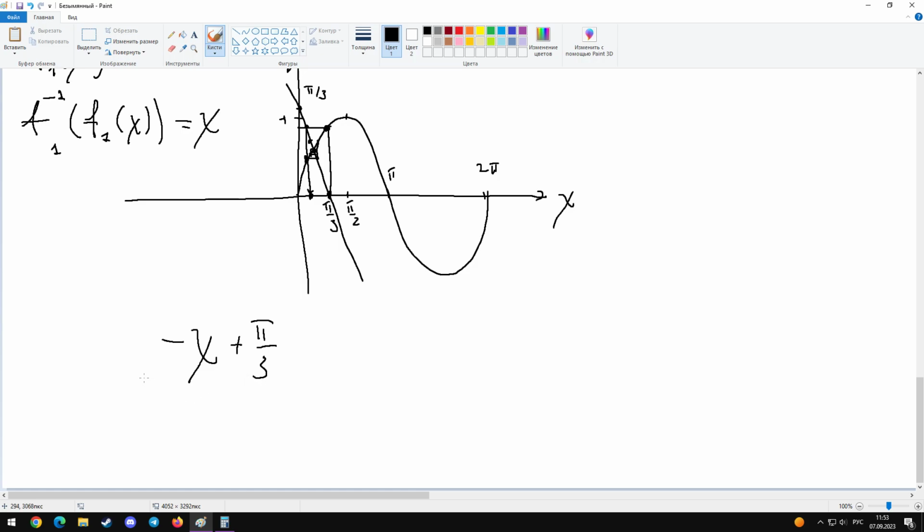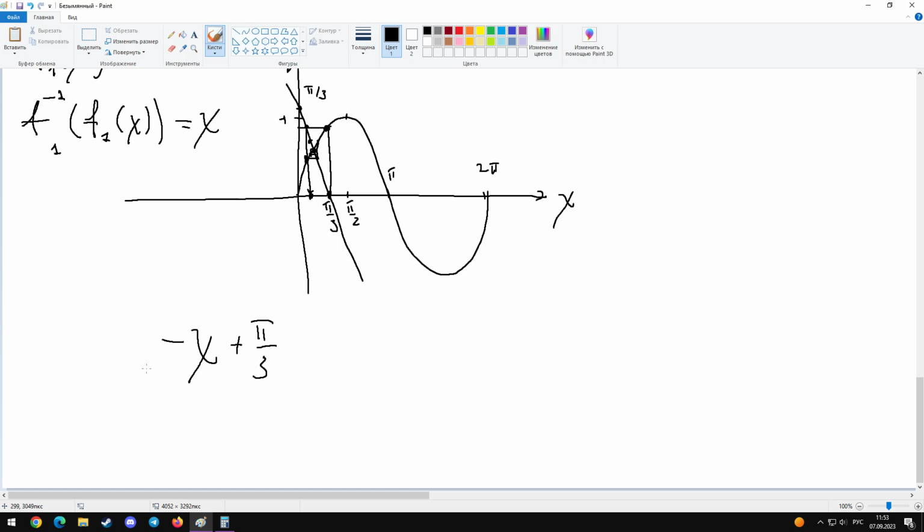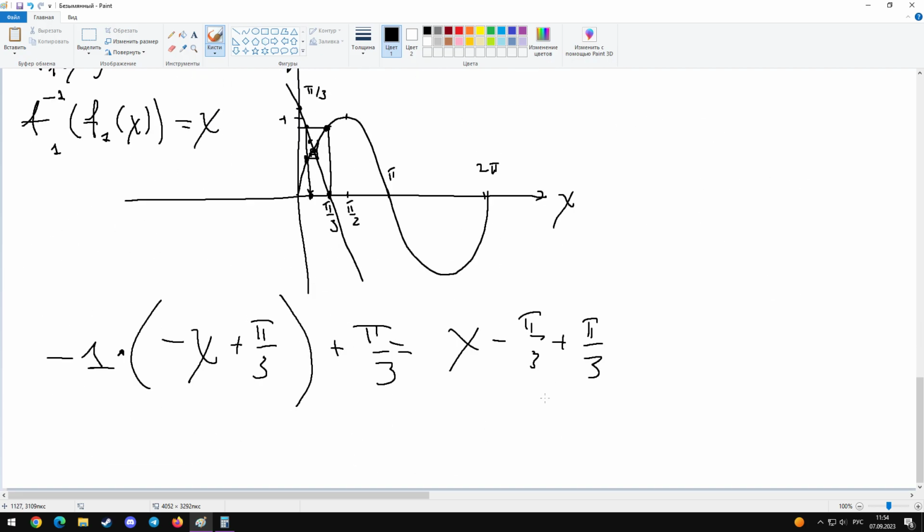How can we reverse the change? That's actually pretty hard. Well, we multiply by -1 and then add pi over 3. If we do it, we obtain x minus pi over 3 plus pi over 3. Looks legit.